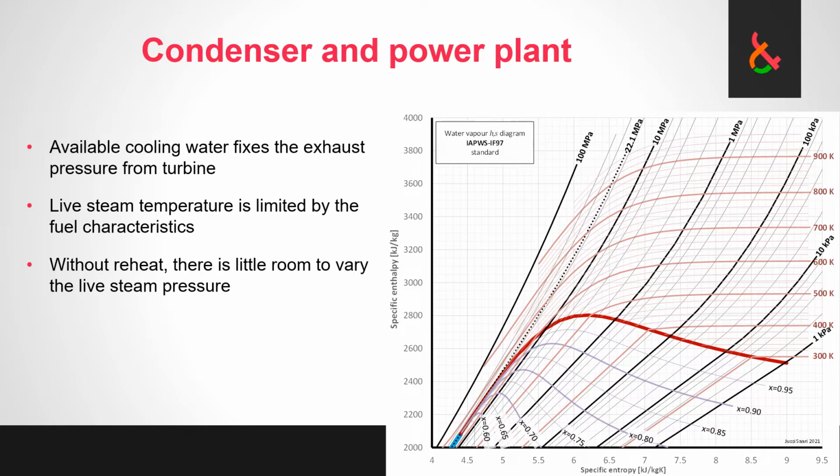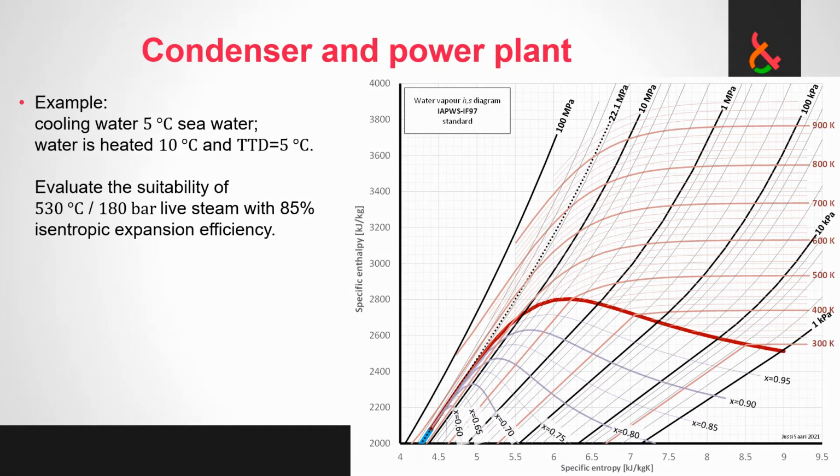But all right, let's look at an example of how it might go. Suppose that somebody has already figured out what your live steam parameters might be, and now we try to figure out whether this set of parameters is good or not.